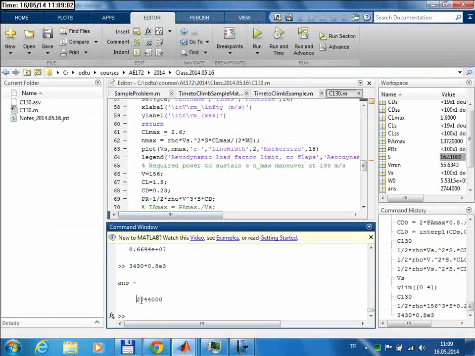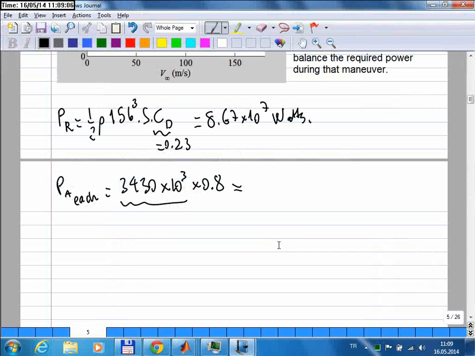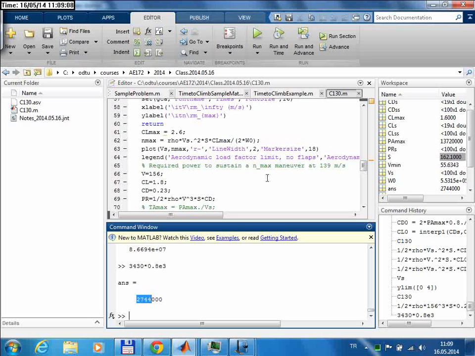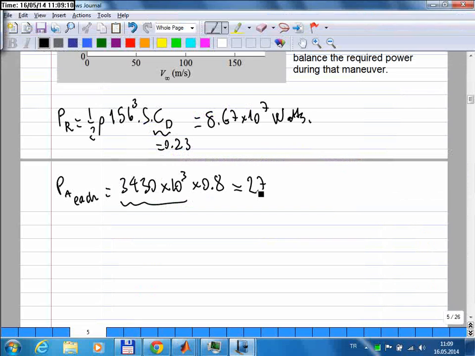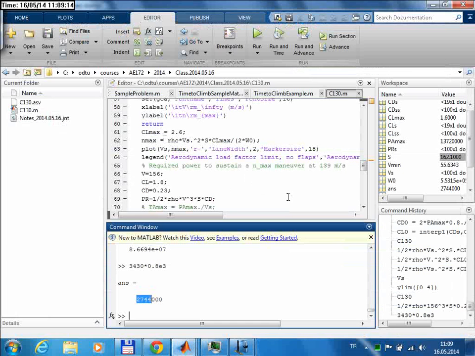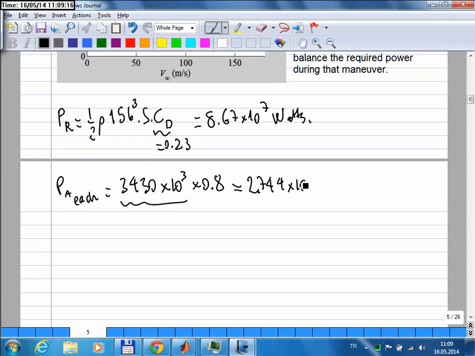So one engine can provide this much power. Times the power what? 6, right?